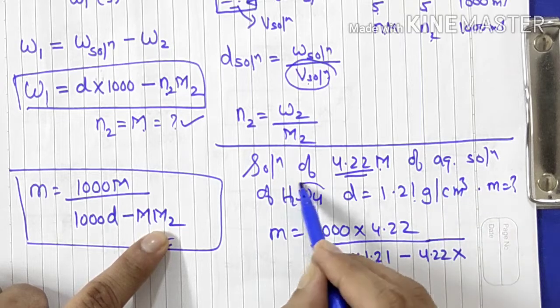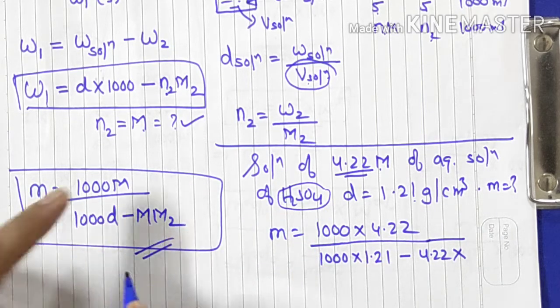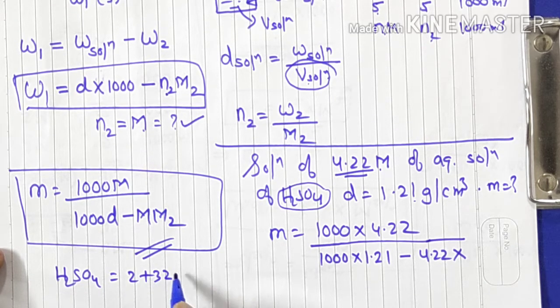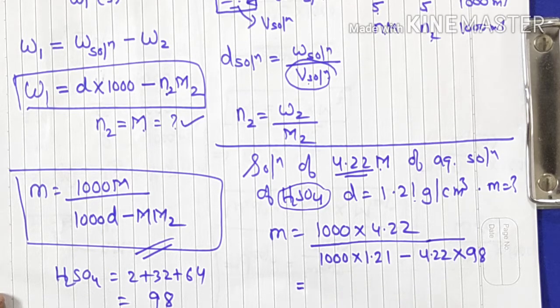The solute is H2SO4. Hydrogen is 2, sulfur is 32, oxygen is 16, 16 4 is 64, total is how much? 98, right? Now you can easily solve this.